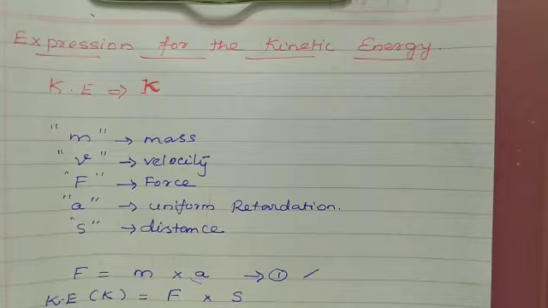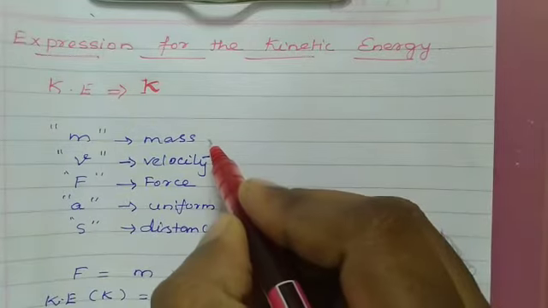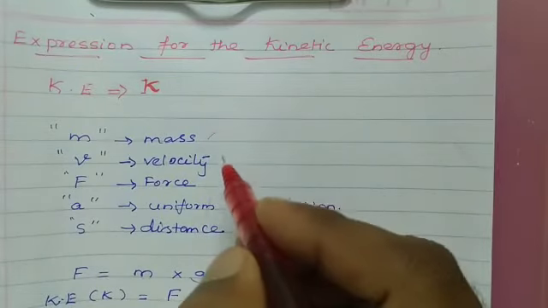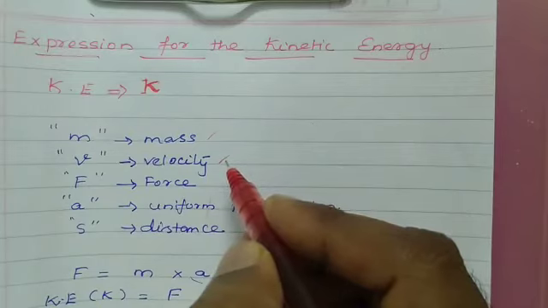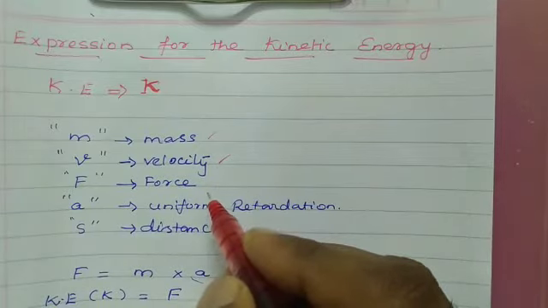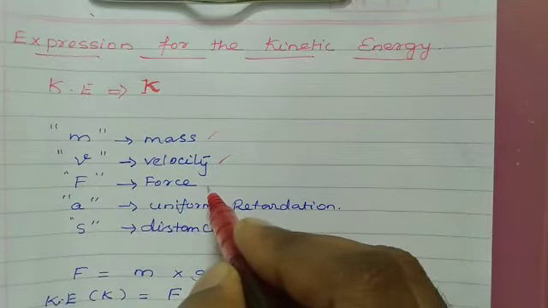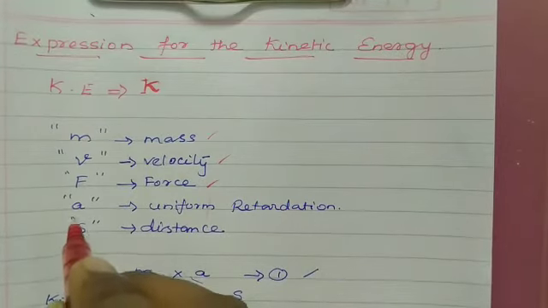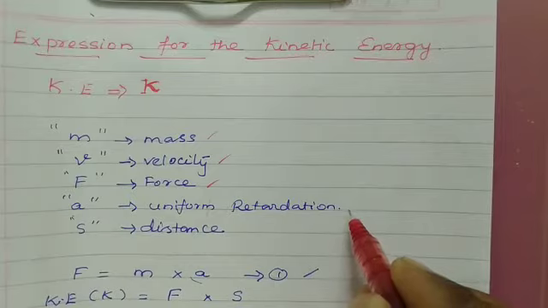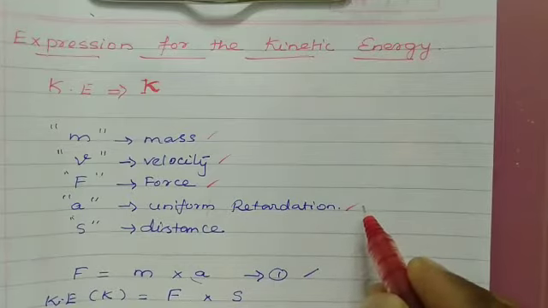Let us consider an object with a mass m, which is moving with a velocity of v, and it is brought to rest by applying a constant force F. Let A be the uniform retardation, that is, negative acceleration is known as retardation.